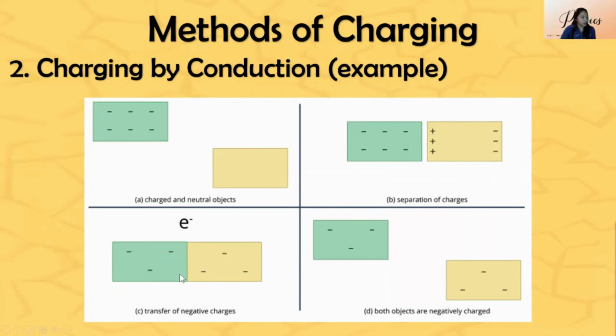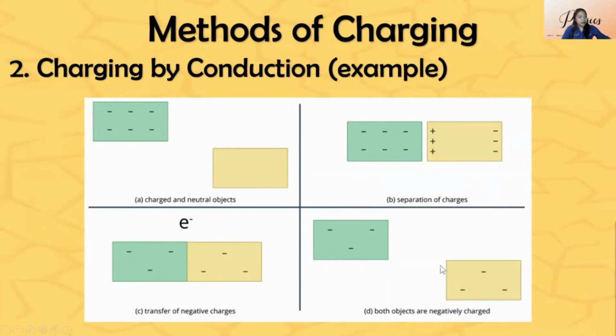Now, when we let them contact each other, some of the electrons from the already electrically charged object will transfer to the neutral material, making the other material negatively charged. So the neutral object becomes negatively charged.